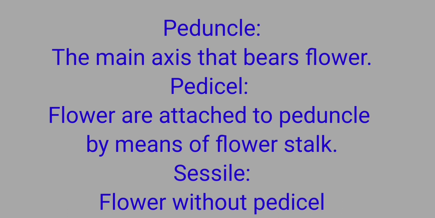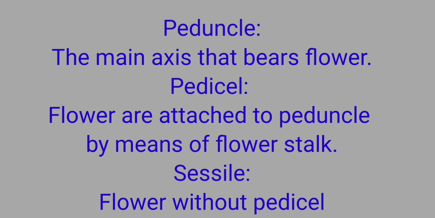Now before going into the inflorescences, we should know the technical terms used to define the inflorescence. First one is the peduncle. The main axis that bears flowers is called the peduncle. Pedicel: the flower attached to the peduncle by means of a flower stalk is called pedicellate.